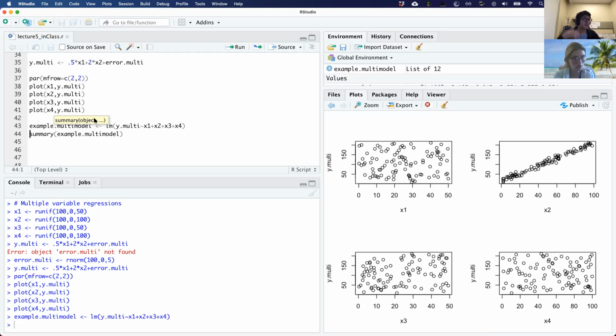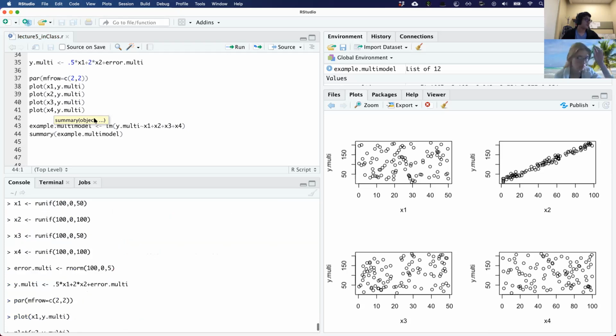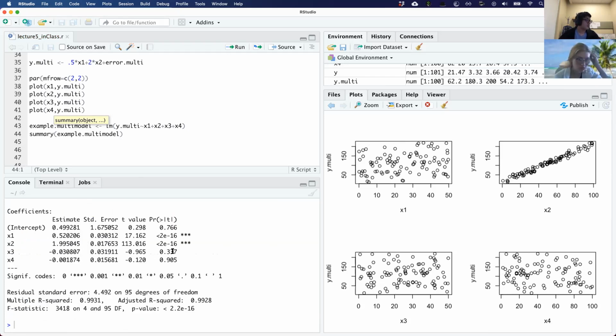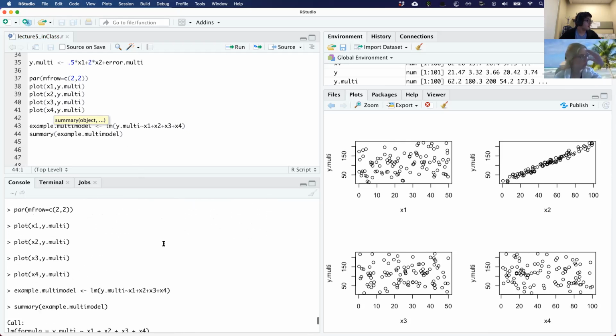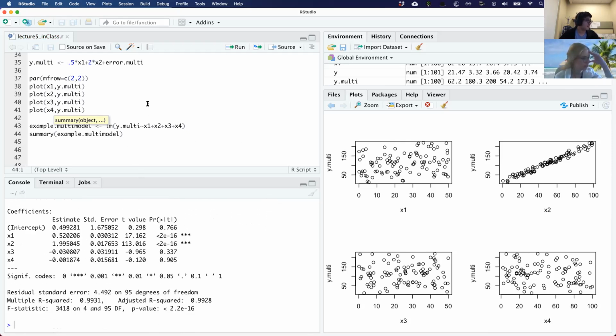So I run that. We'll run the multiple linear regression model that I've just defined. And now let's look at the summary. Oops, I think I accidentally ran everything again, but that's all right. Okay.